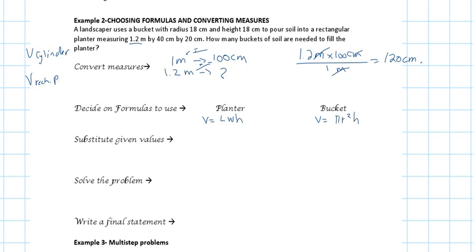Okay, so I've written down the formula for each. I know the length, I know the width, I know the height of the planter, correct? Okay, so what is my length, width, and height?